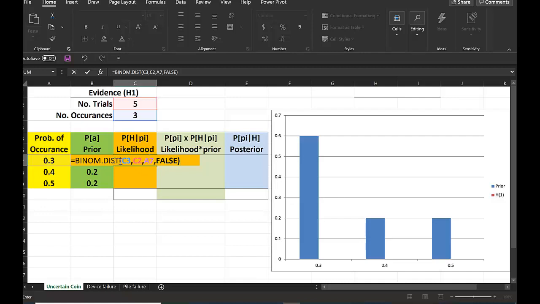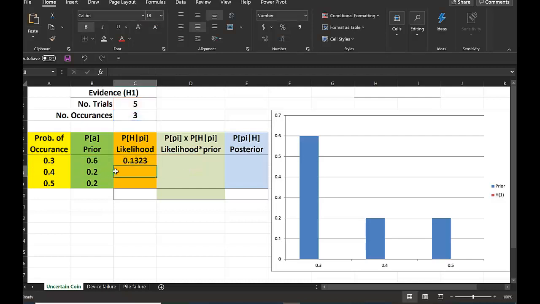Then I can put a dollar sign here, and if I drag this, I will get the likelihood corresponding to 0.3, 0.4 and 0.5.